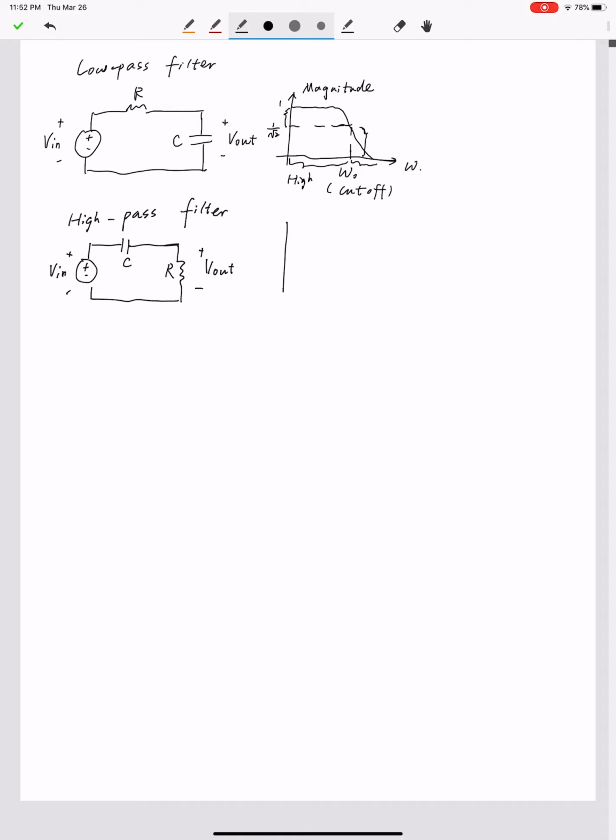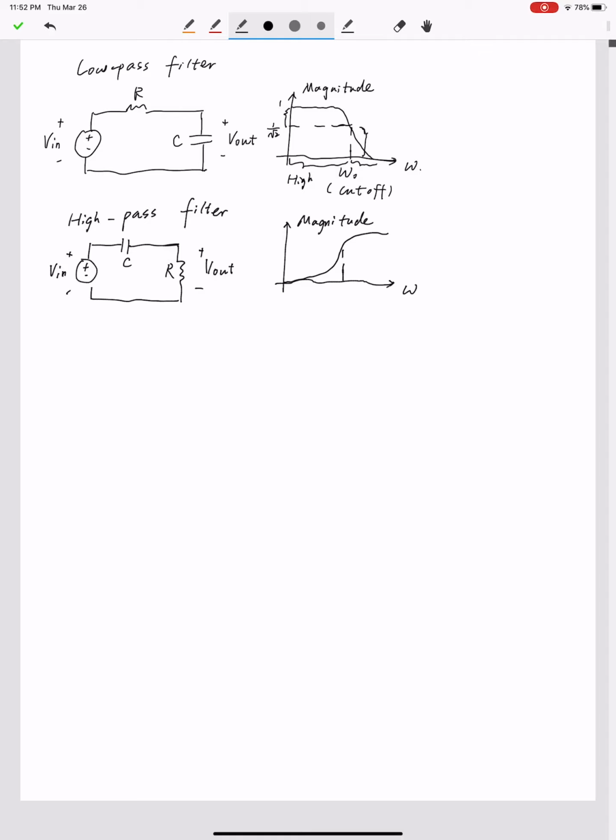And the plot of the magnitude of the transfer function of this circuit has the opposite shape of the low pass filter, which can be presented in this way, right?